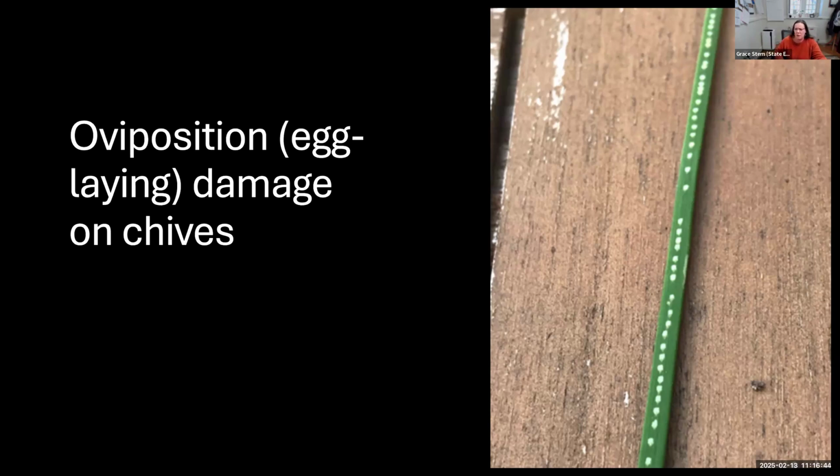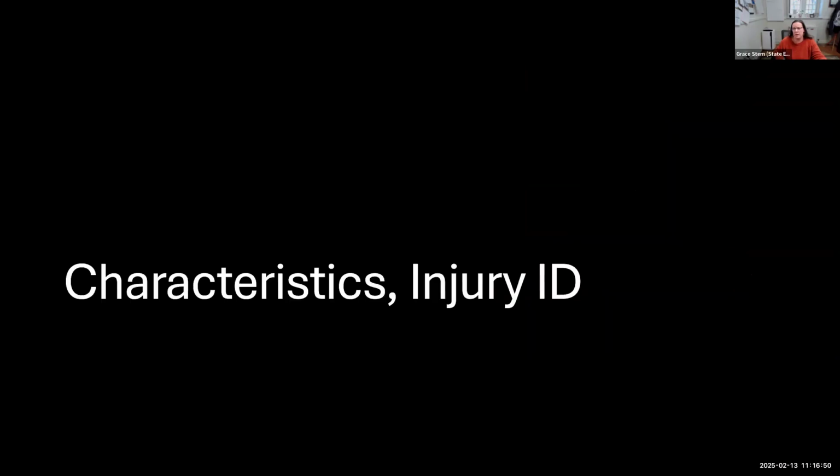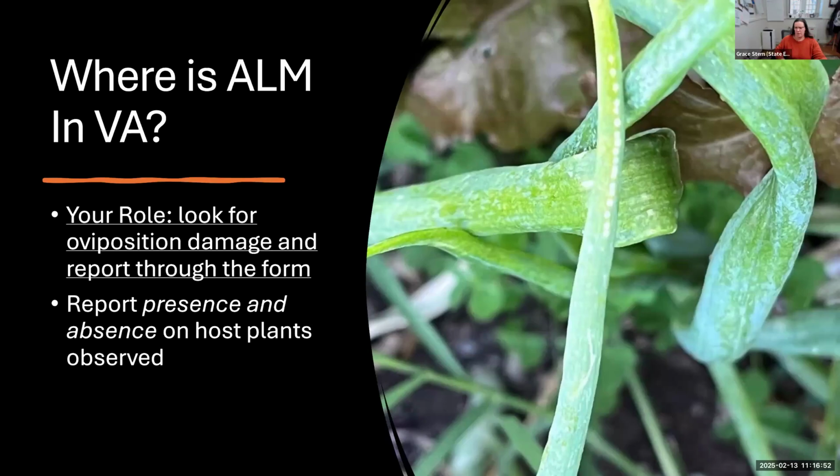And you might also see some other yellowing, curling, other damage like we've seen. I'm going to go back to a previous picture. You saw in this picture, there's some other damage or injury to this plant that could be attributed to lots of different things, but it does have this oviposition damage.